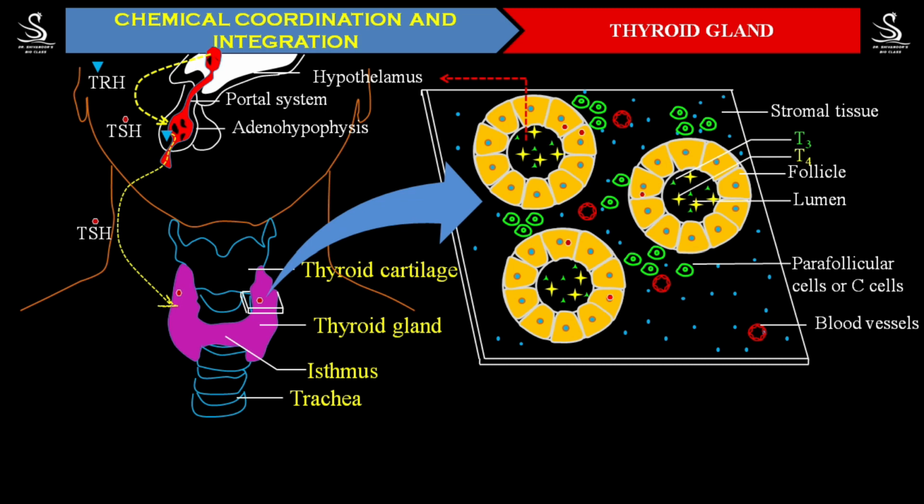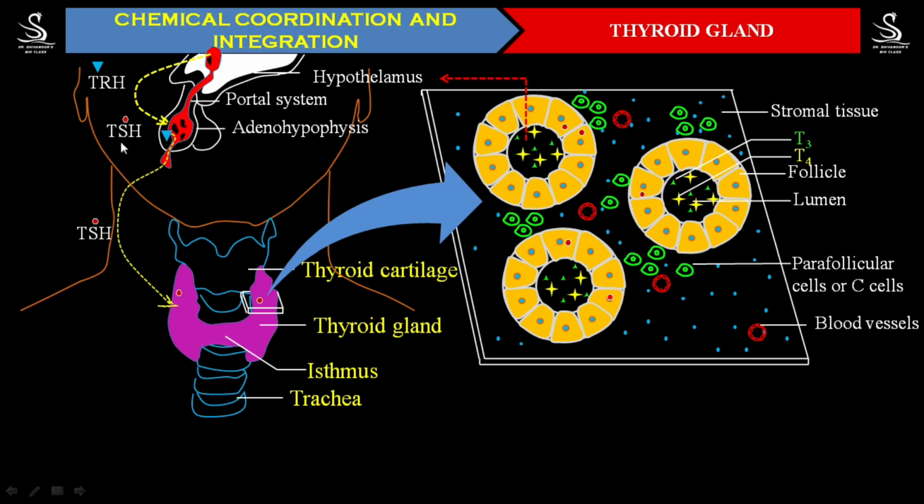The secretion and level of T3 and T4 hormones are maintained by themselves by giving feedback to the hypothalamus. Whenever the thyroid hormone level increases in the blood, that increased level of T3 and T4 will suppress the secretion of TRH from the hypothalamus.